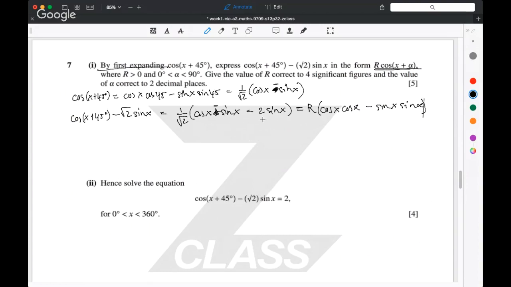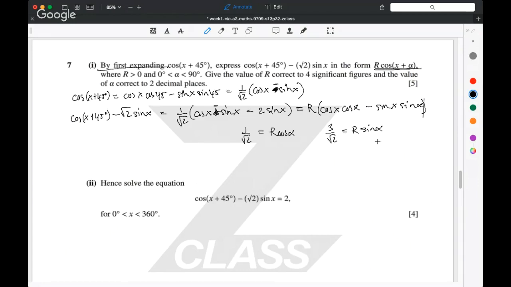just equate the coefficients. So here the coefficient of cosine of x is 1 over square root 2, and that's equal to r cosine alpha. And for the sine of x, it's 3 over square root 2, which is equal to r sine alpha.